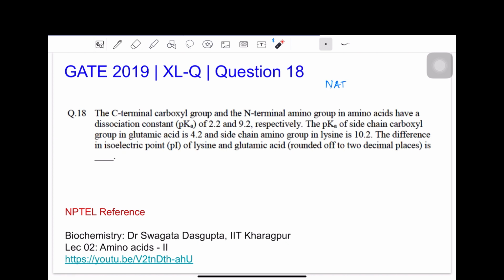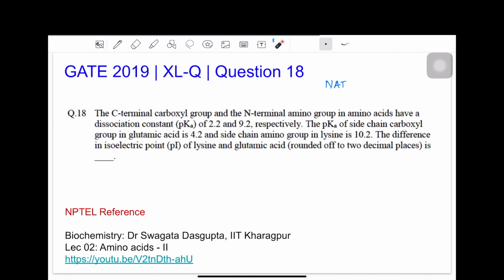Now these amino acids have particular dissociation constants of this carboxyl group and the N-terminal amino group. Dissociation constant means the pH at which that particular group loses its proton. So, the carboxyl group loses its proton at pH 2.2 and the amino group loses its proton after pH 9.2.